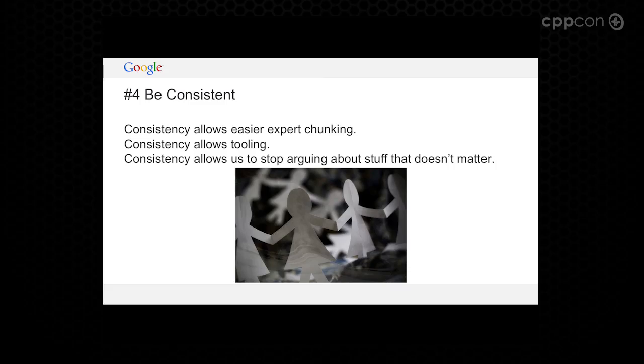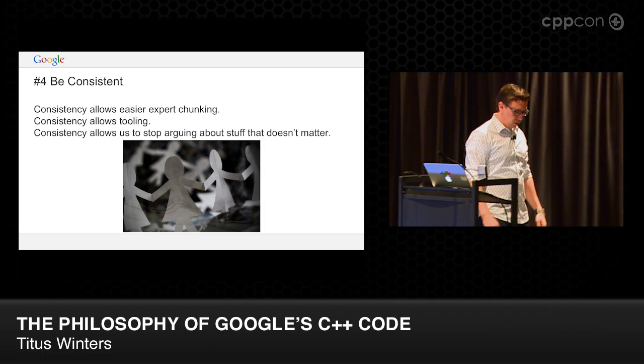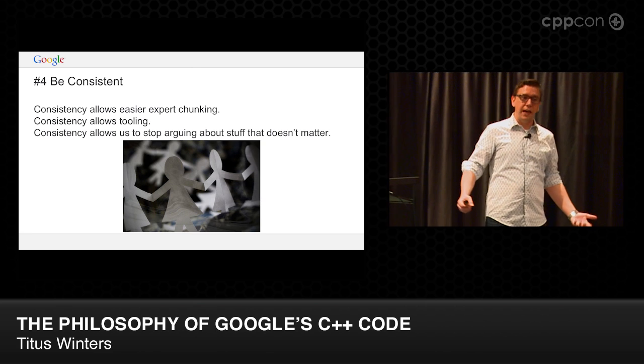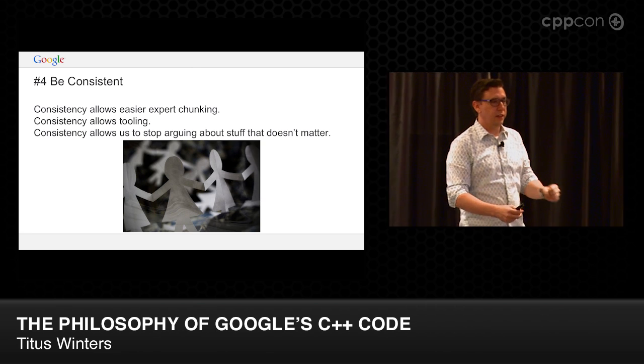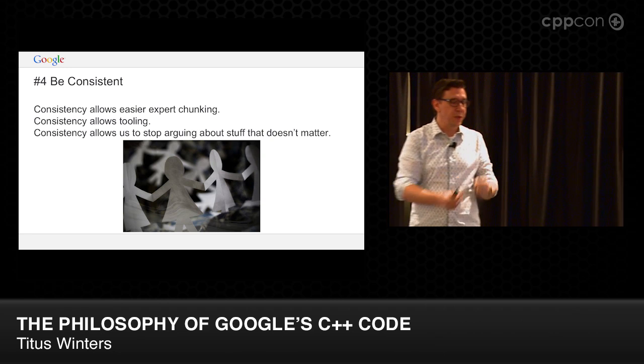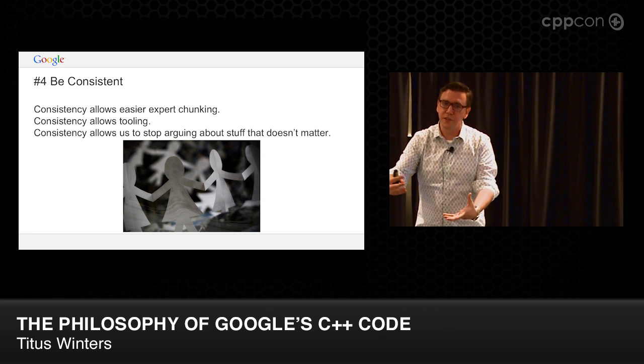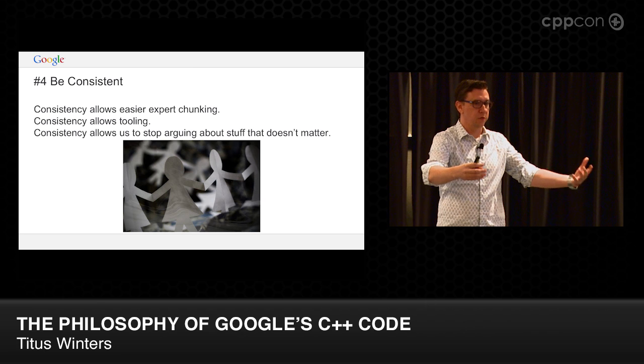Moving now down into more and more concrete things: be consistent. Right? Consistency allows expert chunking. By chunking, I mean in a cog-sci sort of sense. If you look at how expert chess players work, they are not thinking about the positions of individual pieces. They are looking at configurations of pieces and how those are likely to play out over time.